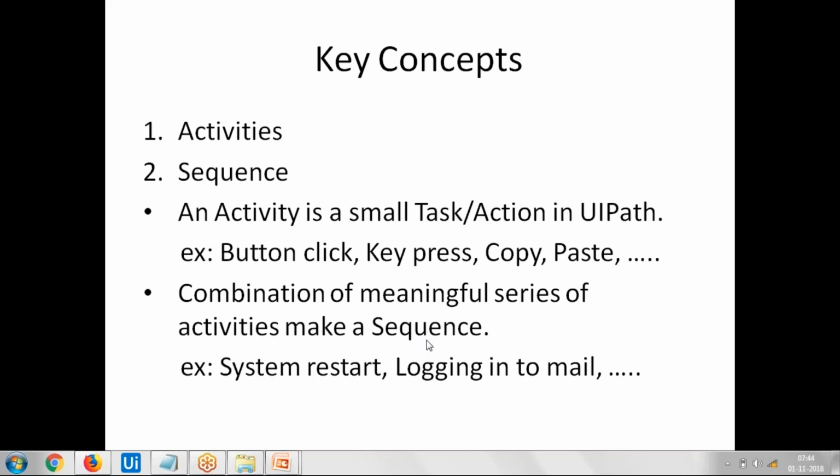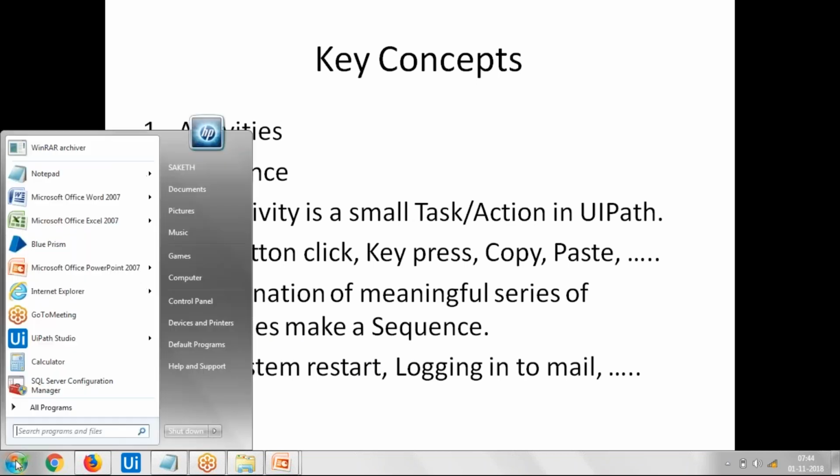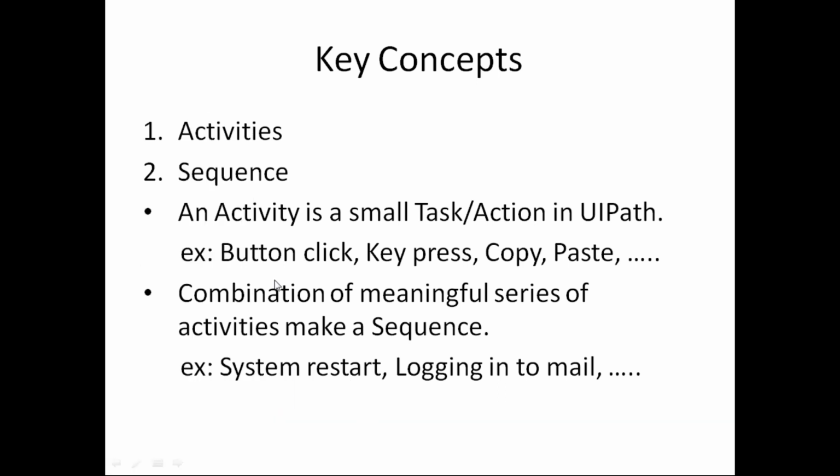Fine. So see, for example, system restart. Here it will include a click of a button, and again I have to click something here, and again I have to click something here. Let's say it has 3 activities. To do these 3 activities, I have to use the activities, and finally it will generate a sequence.